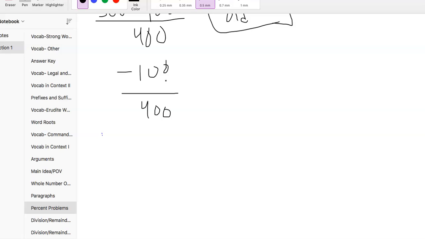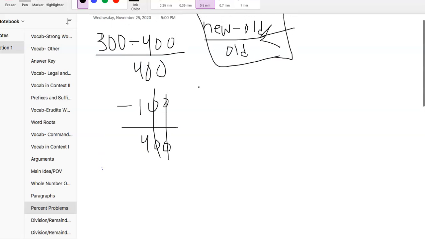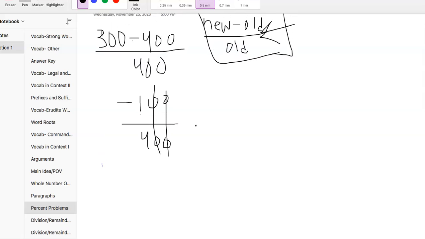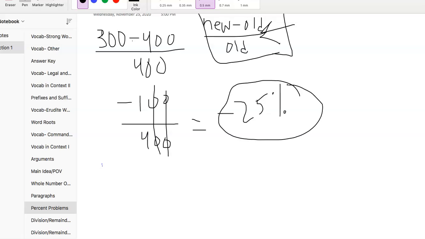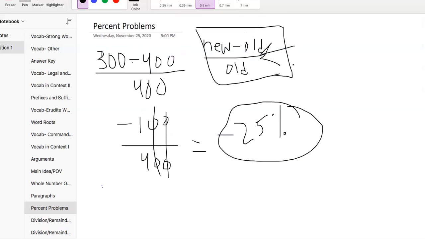We can cross out those zeros and those zeros. Now we have negative 1/4. Negative one out of 4 is 25%, or negative 25% right there.